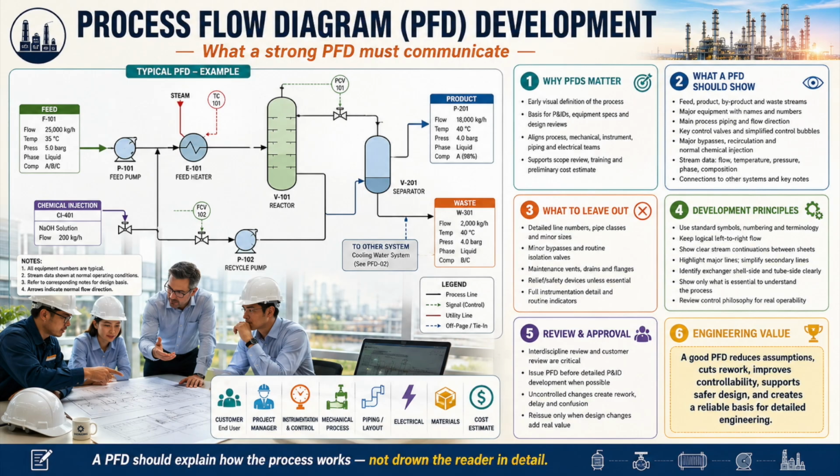Stream numbering must align with the heat and material balance. Assign numbers to all major process streams in a logical sequence. Number startup, shutdown, or recycle streams only when they are important to the process and have defined data in at least one operating case. Utility streams may be numbered when heat and material balance information is available.